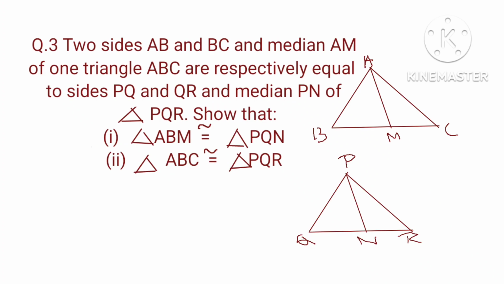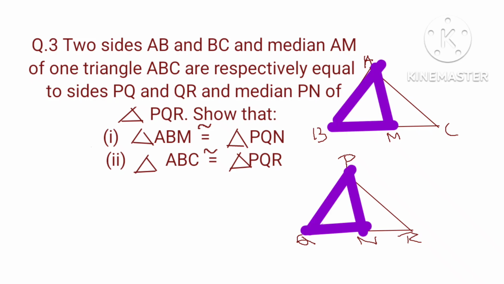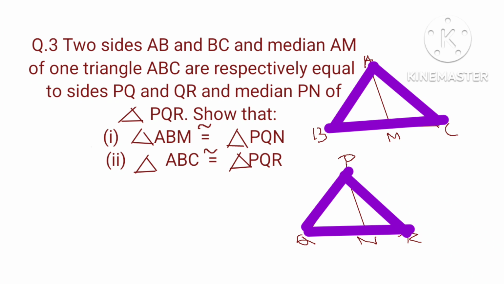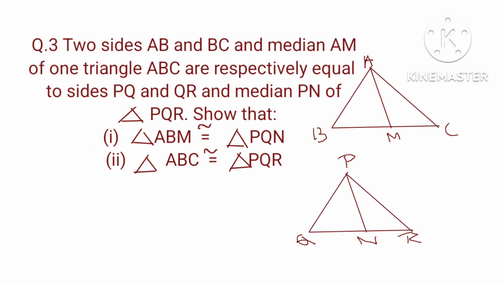Two sides AB and BC and median AM of one triangle ABC are respectively equal to sides PQ and QR and median PN of triangle PQR. Show that 1) triangle ABM and triangle PQN are congruent, and 2) triangle ABC and triangle PQR are congruent.